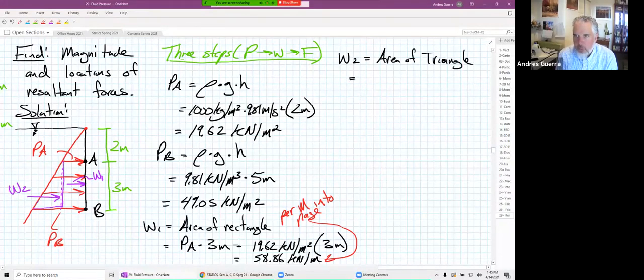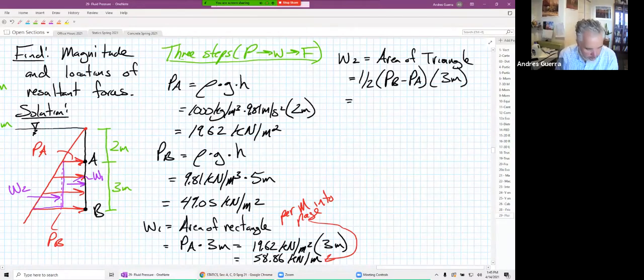And so that's going to be 1/2 times the height of the triangle, which is PB minus PA, times 3 meters. And when we plug all this stuff in, we're going to end up finding 44.15 kilonewtons per meter.